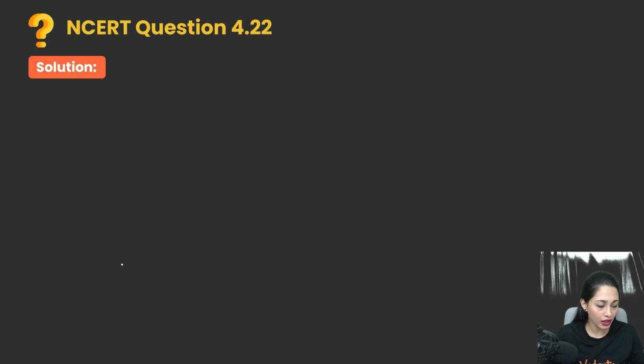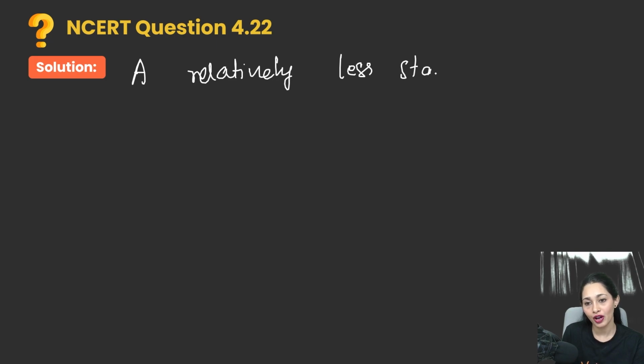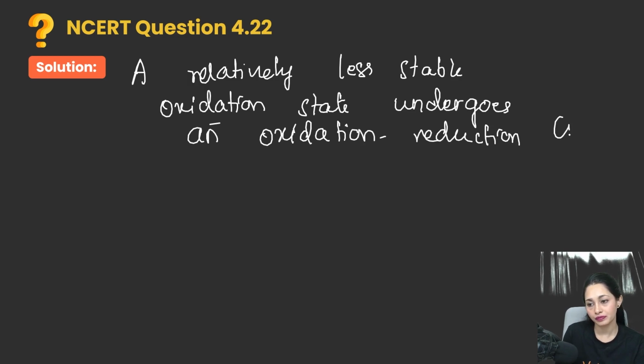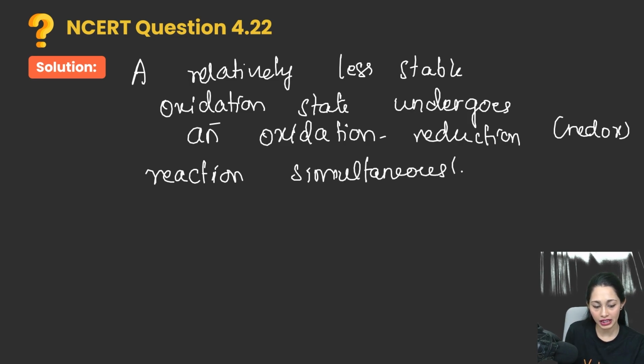A relatively less stable oxidation state undergoes an oxidation reduction reaction, that is a redox reaction, simultaneously. This is called a disproportionation reaction.